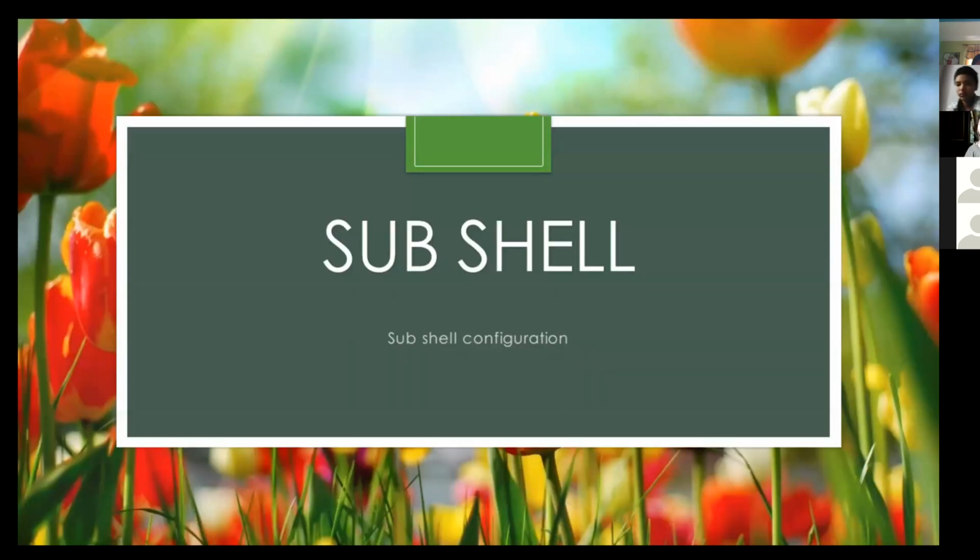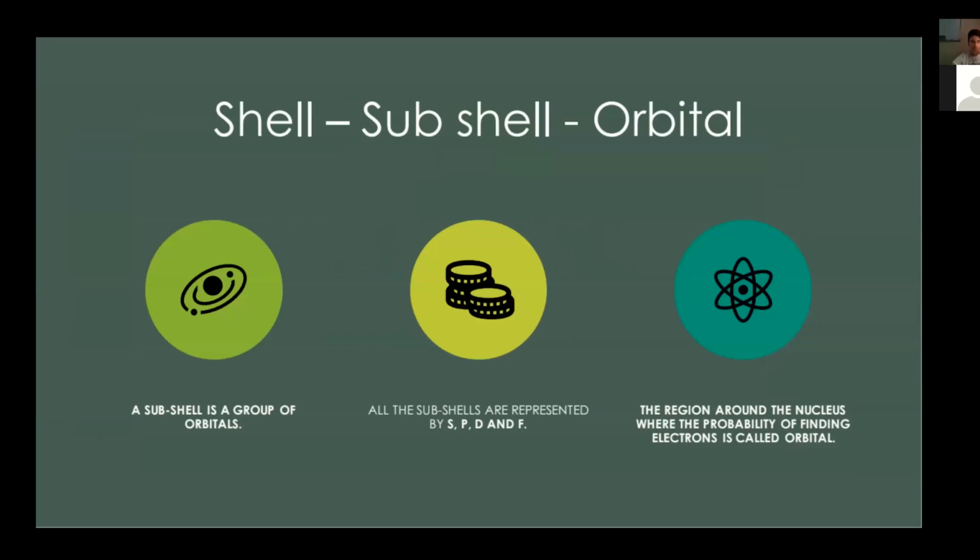Next, subcell is the first portion that we are going to discuss. In the last class, we discussed many things about subcell. To know about subcell, we must also know the terms like cell and orbital.